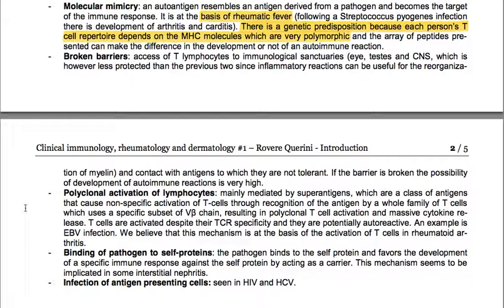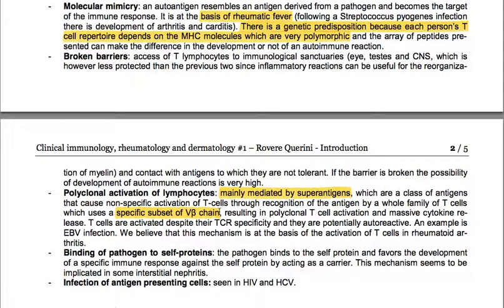We can have also polyclonal activation of lymphocytes. It's mainly mediated by superantigens, which are a class of antigens that cause non-specific activation of T cells through recognition of the antigen by a whole family of T cells, which uses a specific subset of V beta chain, resulting in polyclonal T cell activation and massive cytokine release.